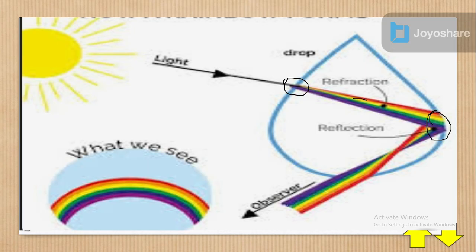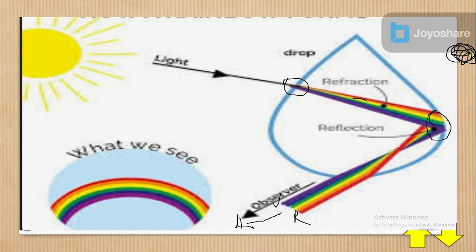But when they are reflected, you realize that here we have our violet, and here we have our red. Now, assuming this is our eye, the person is viewing, and for him we will be seeing as if the image of this is somewhere up the other side.